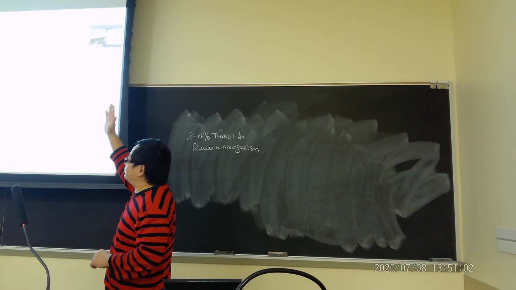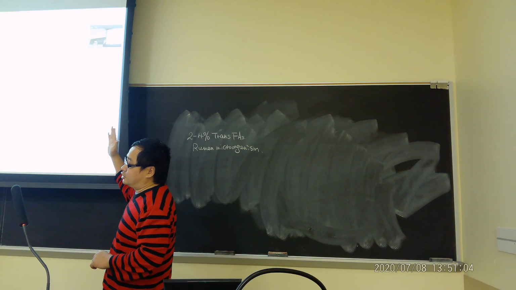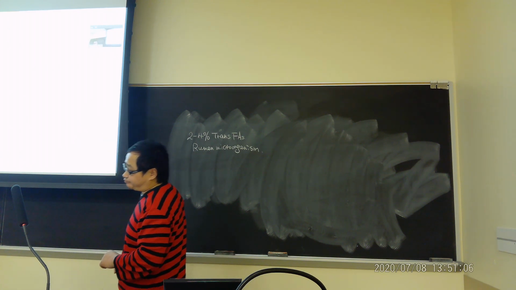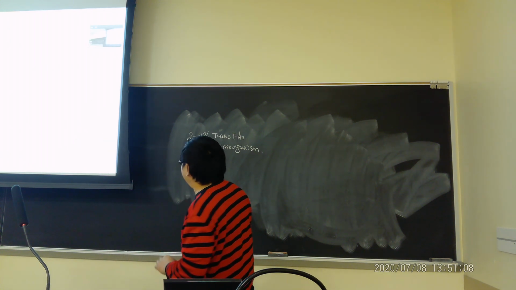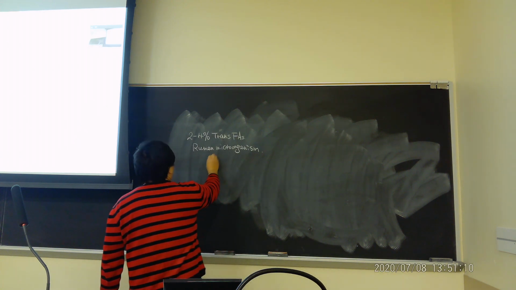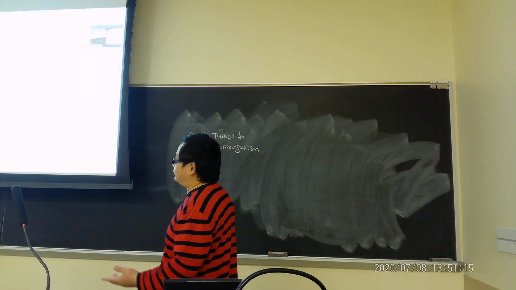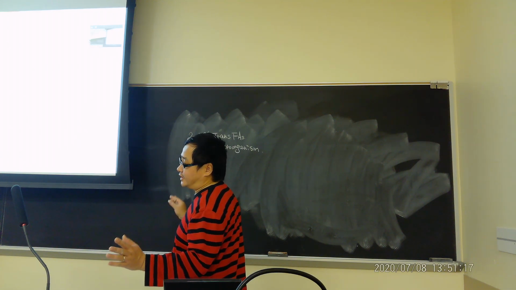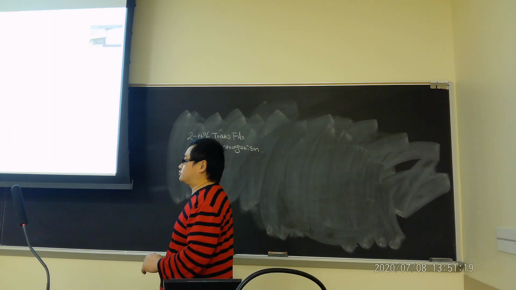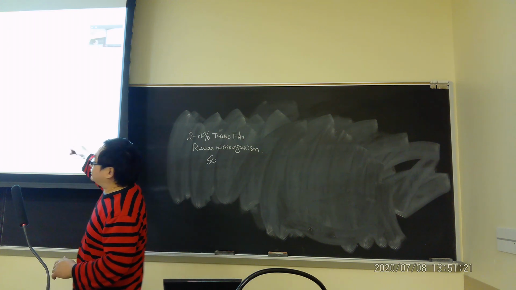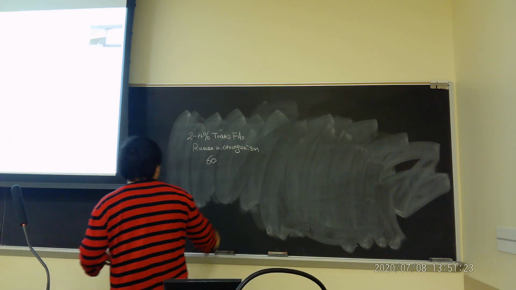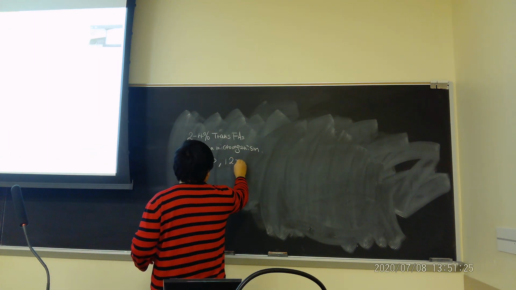Each peak you see represents one fatty acid. How many fatty acids are there? There are 60 fatty acids in cow milk. Actually, it's more than that, that's what we can identify using gas chromatography. Around 12 fatty acids are more than 1%.